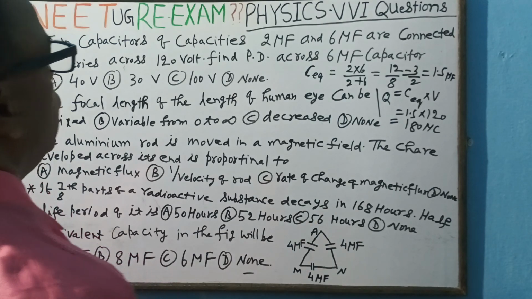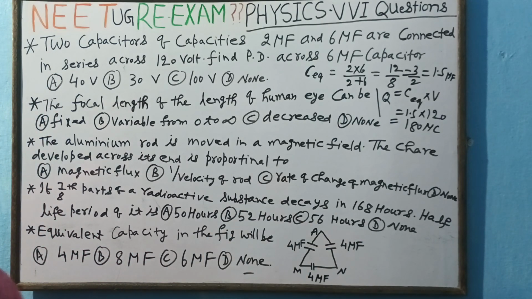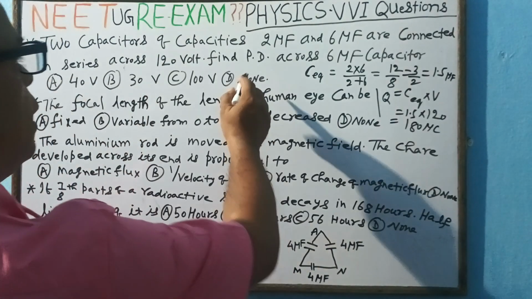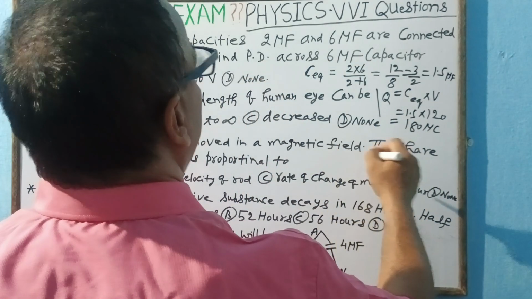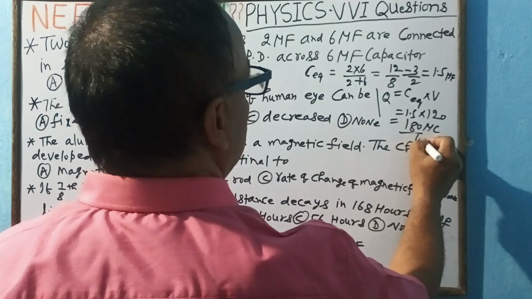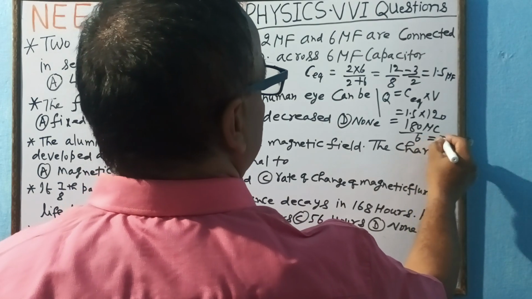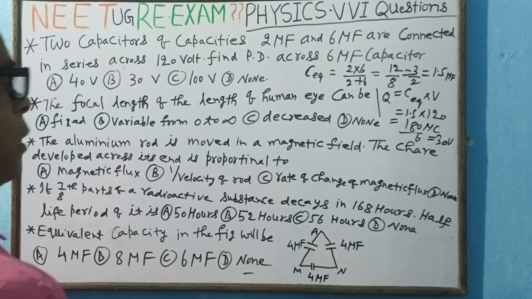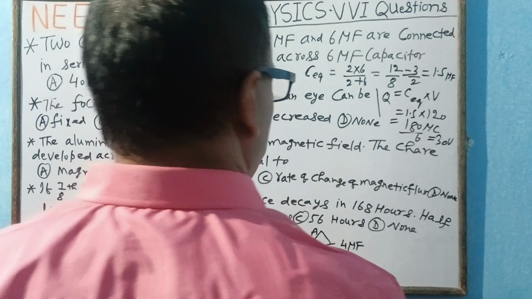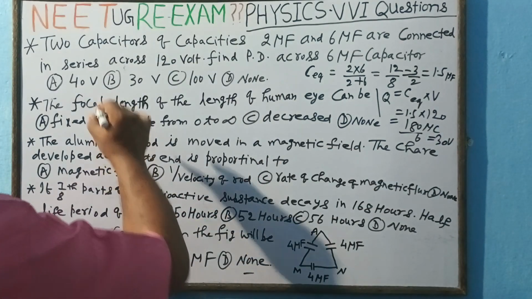And again we have to find the potential difference across the 6 microfarad capacitor. Then we have to divide it by 6, and the answer is 30 volt. This question is solved in a very tricky way, and the answer is 30 volt.